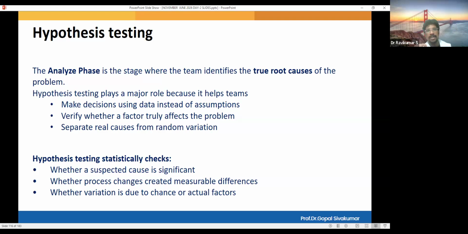So hypothesis testing also helps you to find out the measurable differences between the causes and the effects. And also it helps you to check whether the variation is due to random or an actual cause. Sometimes we may get a higher temperature, but it may not be due to fever.